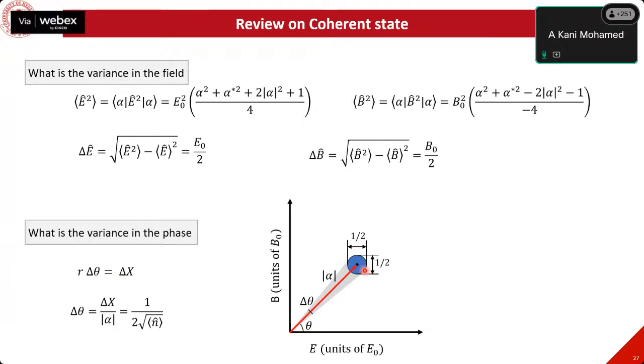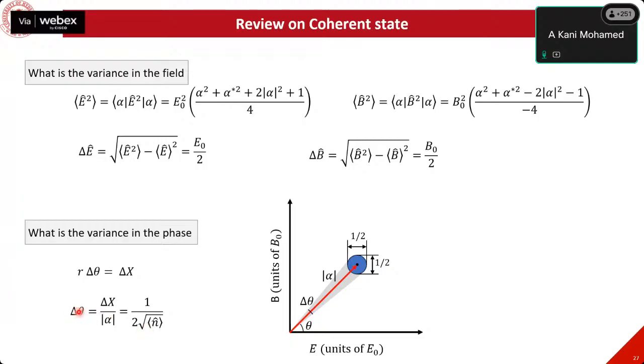So the uncertainty is the same in all directions. Similarly, mod alpha is nothing but the square root of m bar. So the minimum phase that we can measure by using a Michelson interferometer is nothing but 1 over 2 square root of the mean photon number. So the variance can be enhanced.